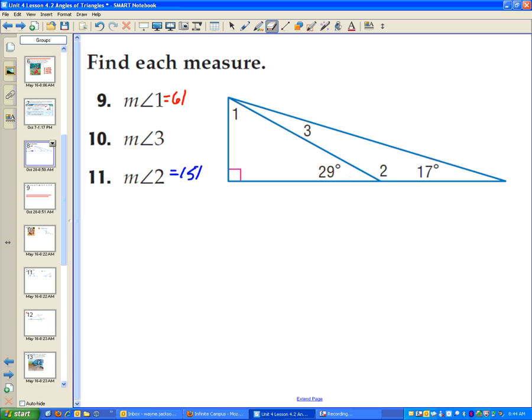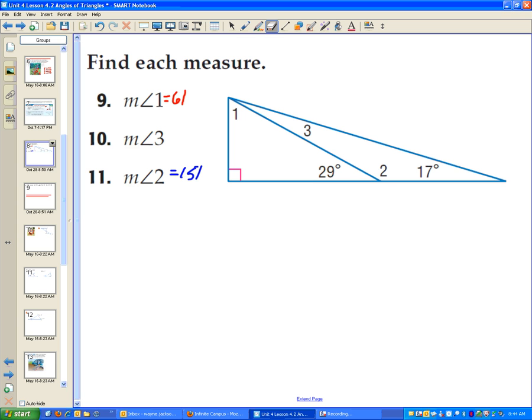Or, is there another way I could have gotten the measure of angle 2? These are the remote interior angles. Angle 2 is an exterior angle of this triangle we started with, isn't it? So the measure of angle 2 is equal to the sum of the measures of the remote interior angles. 90 plus 61 is also 151. So two good ways to get the measure of angle 2.